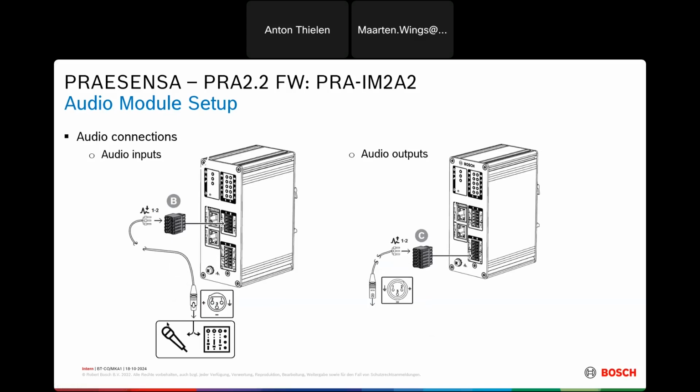The audio connections are these upper ones, where you can connect a microphone, for example, or a line input, and it will also supply phantom power for the microphone. And then you also have the audio outputs, so all balanced audio is provided here.